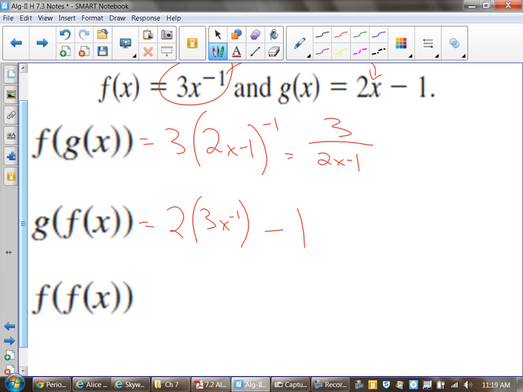Just the x. Remember, I just talked about that. The only thing that has the variable that's negative is x. So what's 2 times 3? 6. So it becomes 6 over x minus 1. The only thing that wasn't happy was the x.